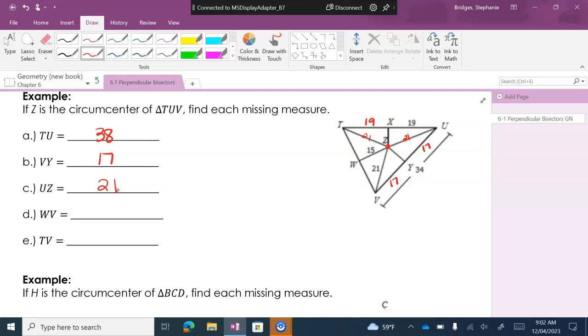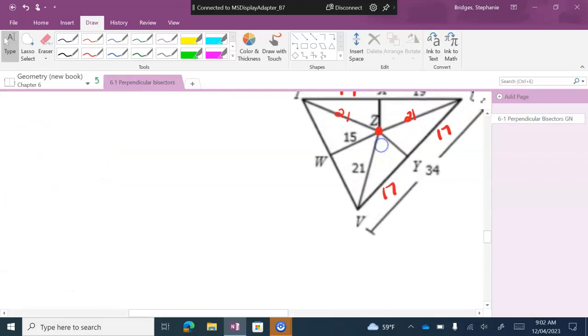No. Okay. So this is where we have to think about our Pythagorean theorem, and let me talk to you about why. I'm going to blow my picture up again. We are looking for WV. I don't know what it is, but I'm going to call it X. But I want you to focus on this right here. Because Z is on my perpendicular bisector, what kind of angles are going to be right there at W?